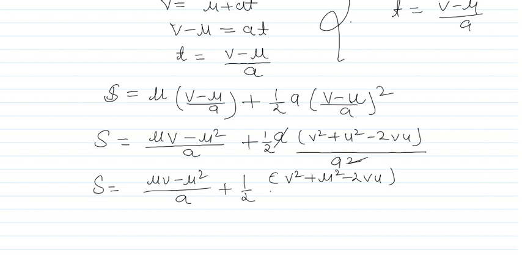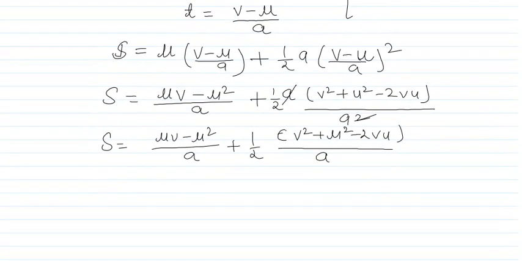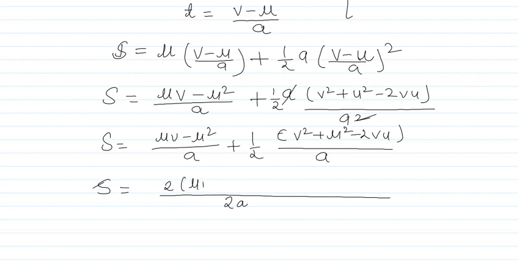And so this will become a plus, 2a, so it will be 2a, and here it will be 2 times uv minus u square, plus here 2a, so it will be v square plus u square minus 2vu.